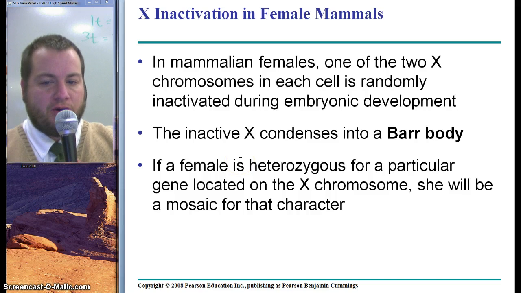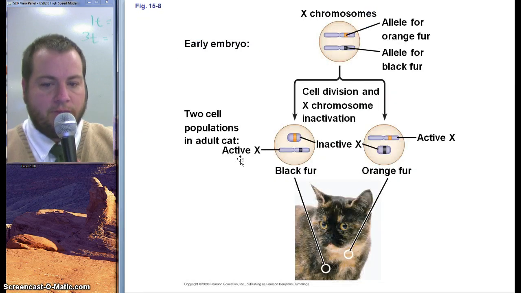If a female is heterozygous for a particular gene located on the X chromosome, she will be a mosaic for that character. And it was kind of interesting that I was talking to Mrs. Goff today about this, and I'm going to tell you a story after I go over this example. The calico color in cats can be described by X inactivation.